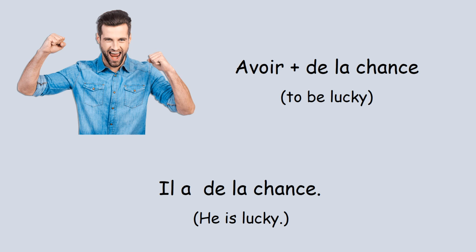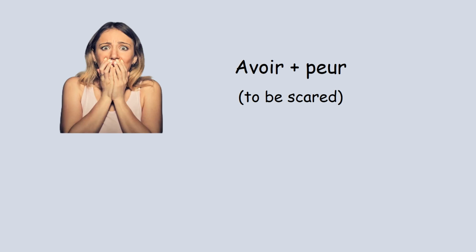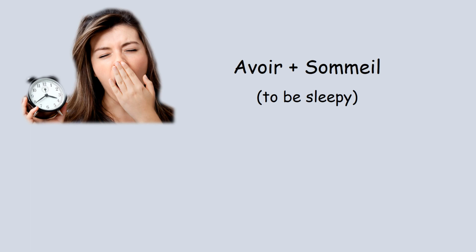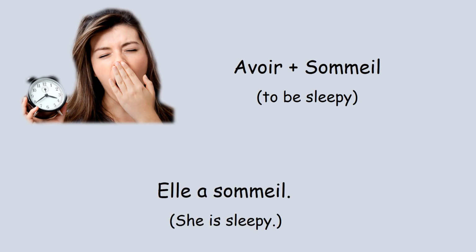But in English, of course, you would say he is lucky. Avoir peur. Elle a peur des chiens. Avoir sommeil, elle a sommeil. We are using the avoir verb.